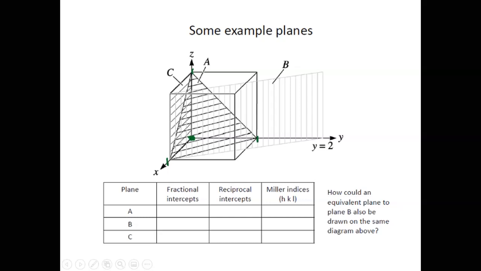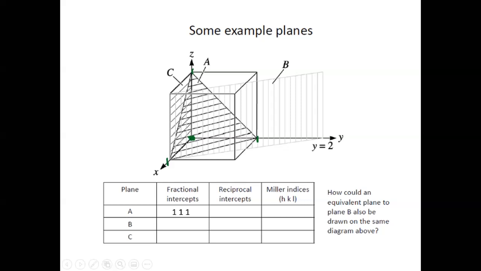First off, it doesn't touch the origin, which is good. Secondly, it crosses the z-axis at the 001 coordinate. It crosses the x-axis at the 100 coordinate, and it touches the y-axis at the 100 coordinate. So by knowing these 3 coordinates, we can get the fractional intercepts.